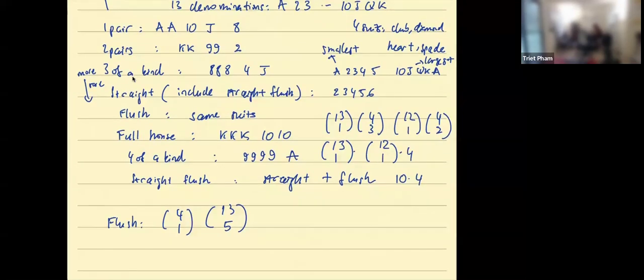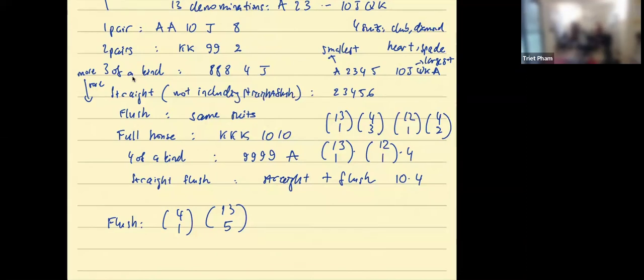Okay, so now for the straight, let us do it correctly and not include the straight flush, because we already counted straight flush, so we don't have to include it.